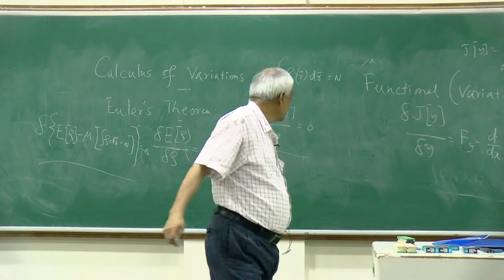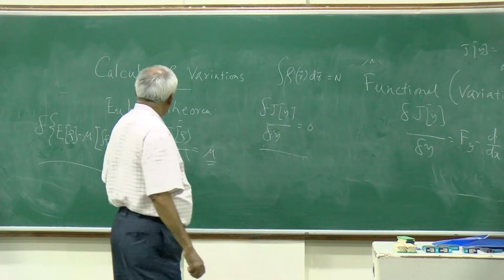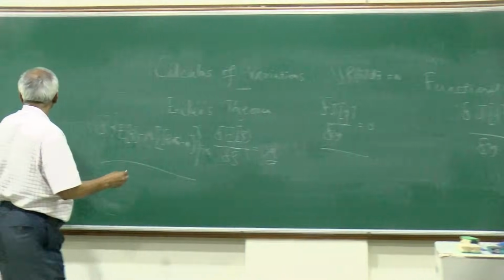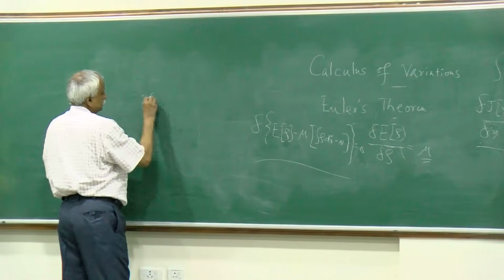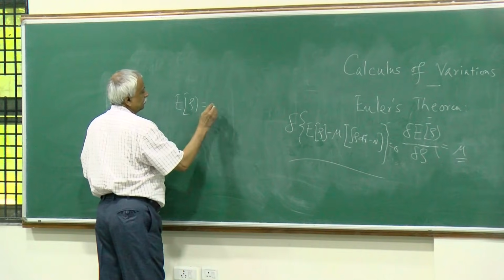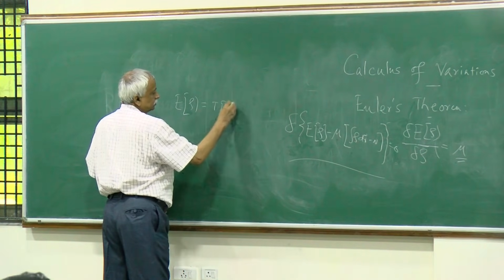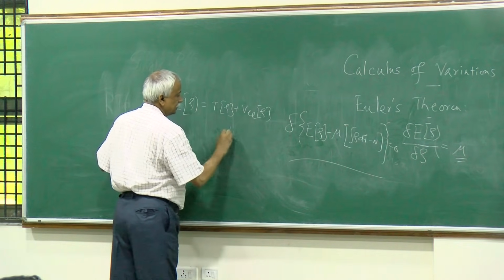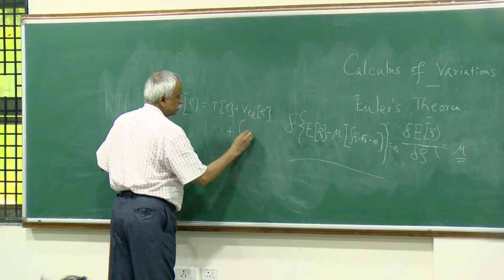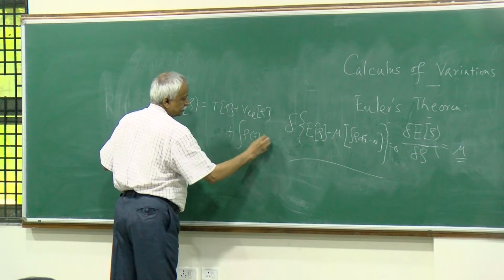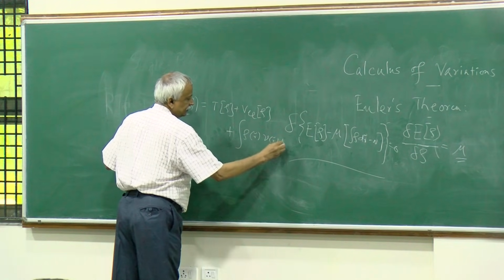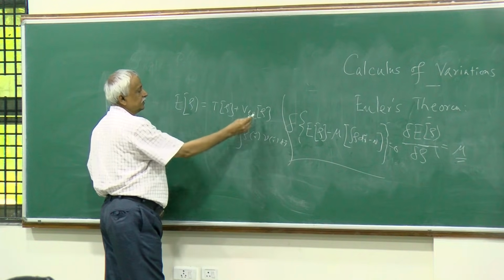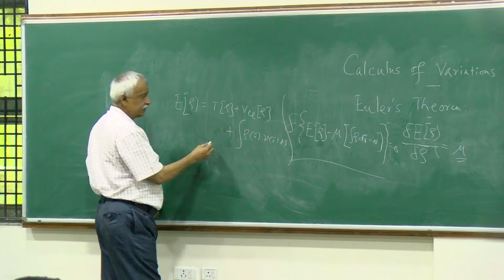So if I write energy E[rho] as T[rho] plus V_ee[rho] plus integral rho(r) v(r) dr. You remember, this is your electron-nuclear attraction, this is electron-electron repulsion, and this is the kinetic energy.